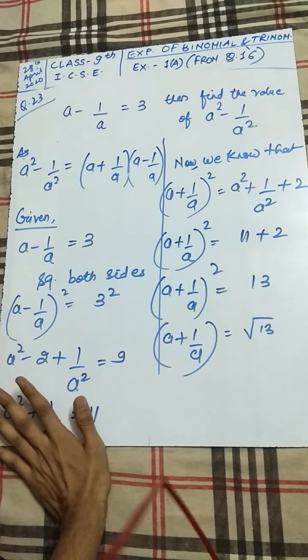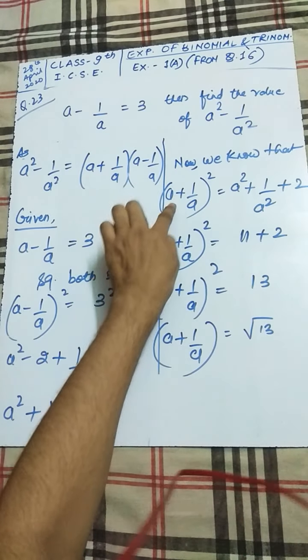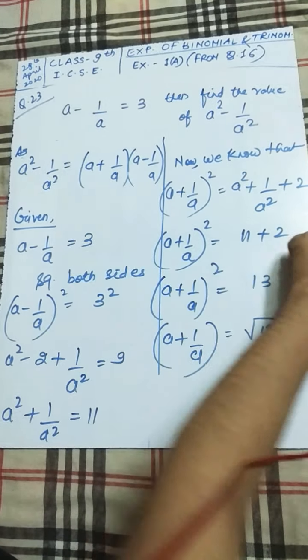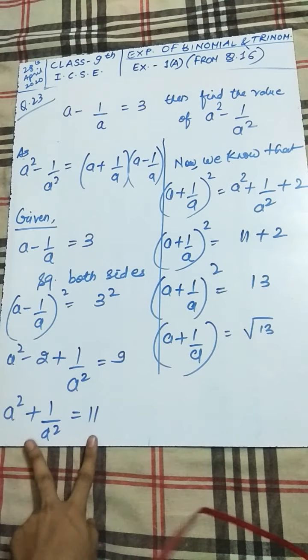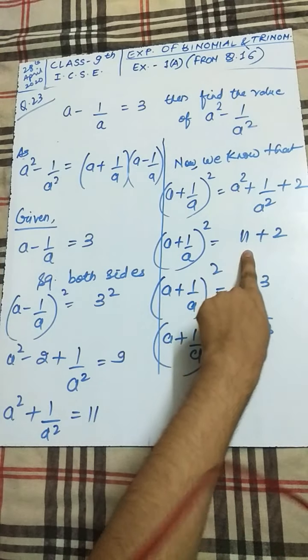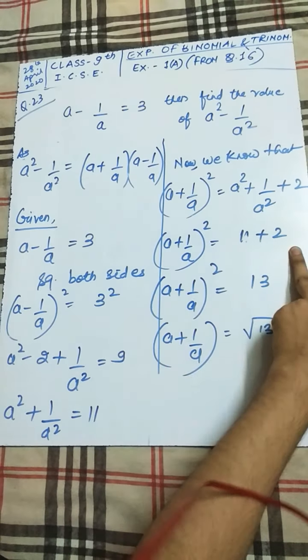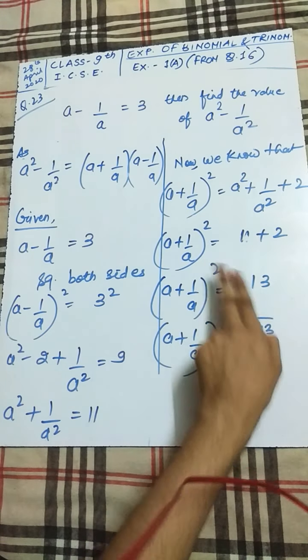Keep it as it is. Now we know that a plus 1 upon a whole square is a square plus 1 upon a square plus 2. This a square plus 1 upon a square, we can put 11 here, which we found before, plus 2, 11 plus 2 is 13. So a plus 1 upon a whole square is equal to 13.